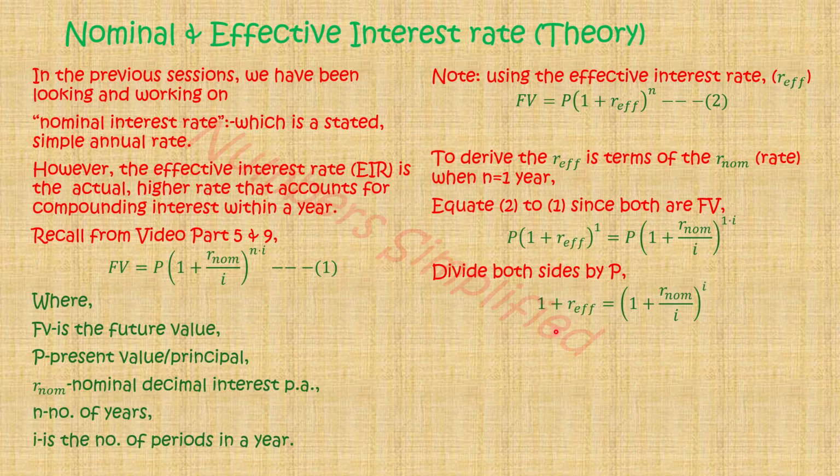So dividing throughout by P, we are going to have 1 plus the effective interest rate is equal to, in parentheses, 1 plus the nominal interest rate divided by I, raised to the power I. So with that, we can subtract 1 from both sides, and if we do so, we end up having the effective interest rate being equal to, in parentheses, 1 plus the nominal interest rate divided by I, raised to the power I, minus 1.